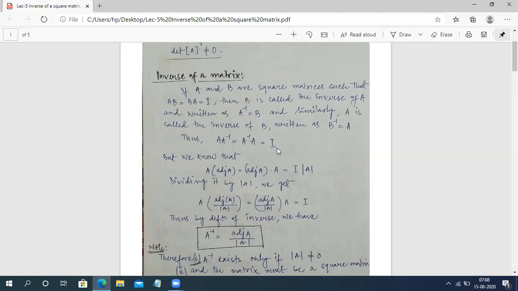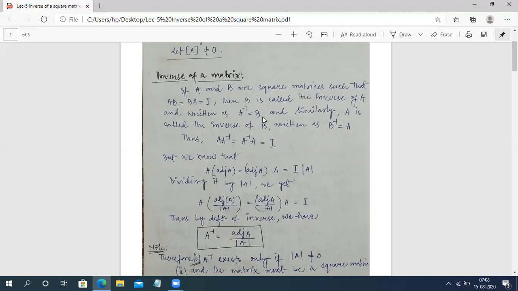What I mean to say is that if A and B are square matrices, definitely of same order, such that AB is equal to BA, and that is equal to identity matrix of same order, then B is called the inverse of A, and we can write it as B is equal to A inverse. This relation satisfies both ways.